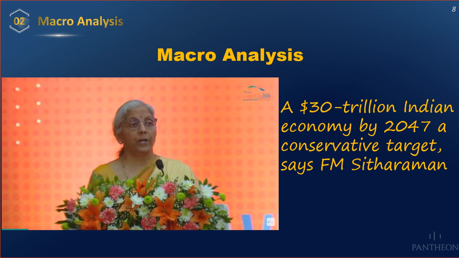The finance minister also highlighted that the partnership between the central government and the states will be crucial for India to become a developed nation by 2047 through inclusive and empowering growth for all citizens.